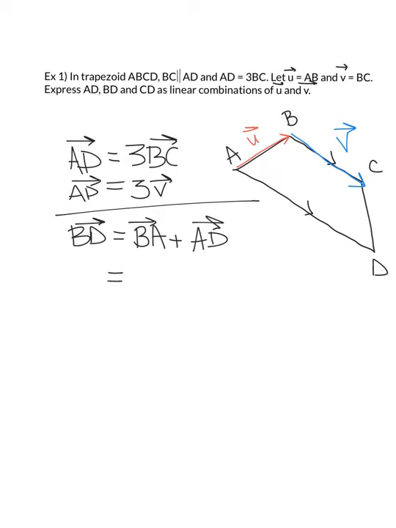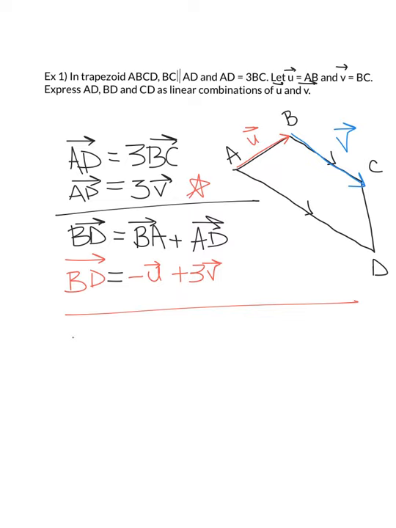So I know that AB is vector u, so BA is just negative u. And again, I also know AD. I found it above. I know that AD is 3v. So vector BD is equal to negative u plus 3v.